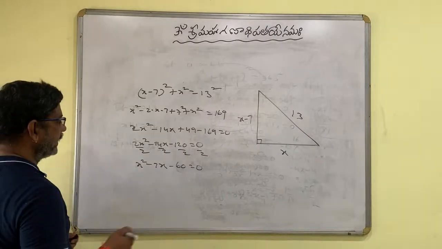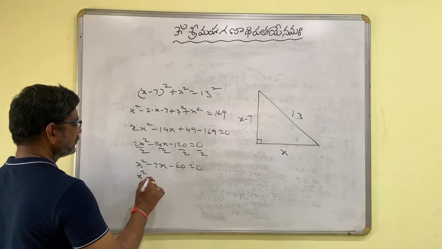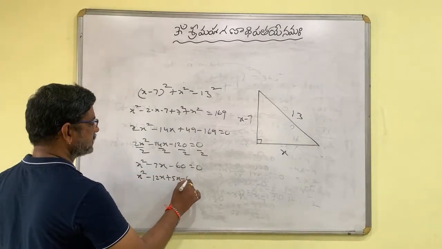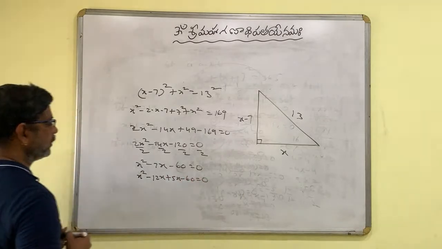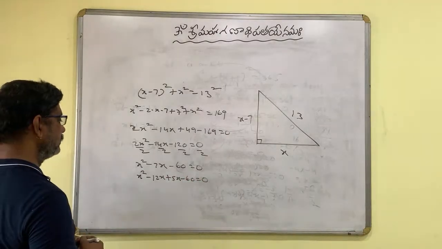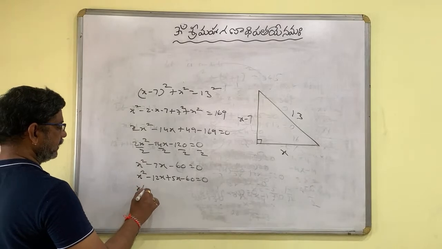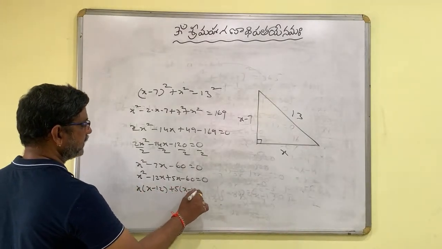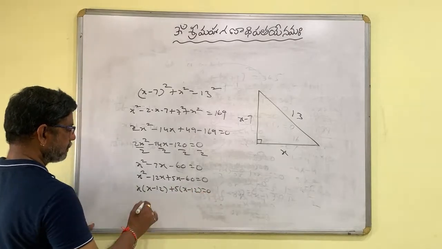Now, splitting the middle term: x square minus 12x plus 5x minus 60 is equal to 0. Take x common, x minus 12, plus 5 common, x minus 12 is equal to 0.